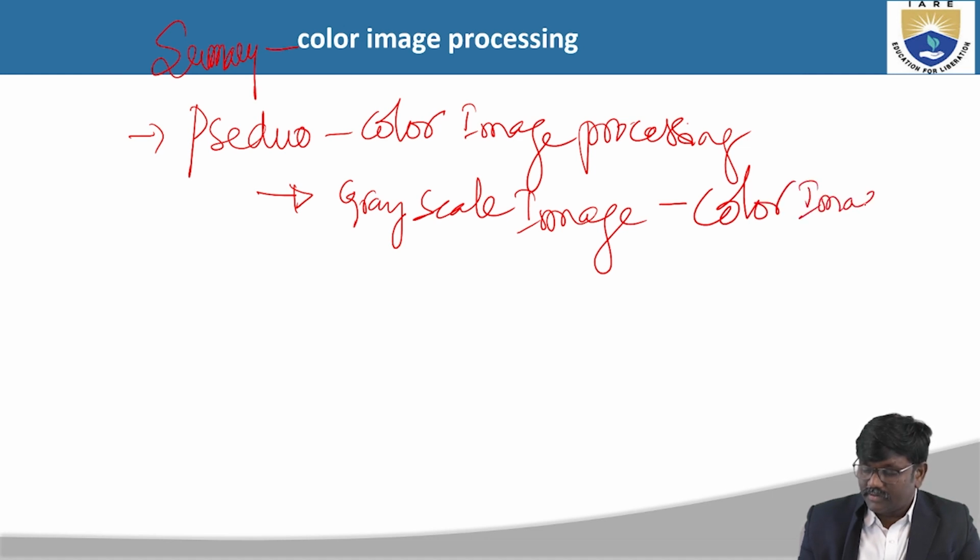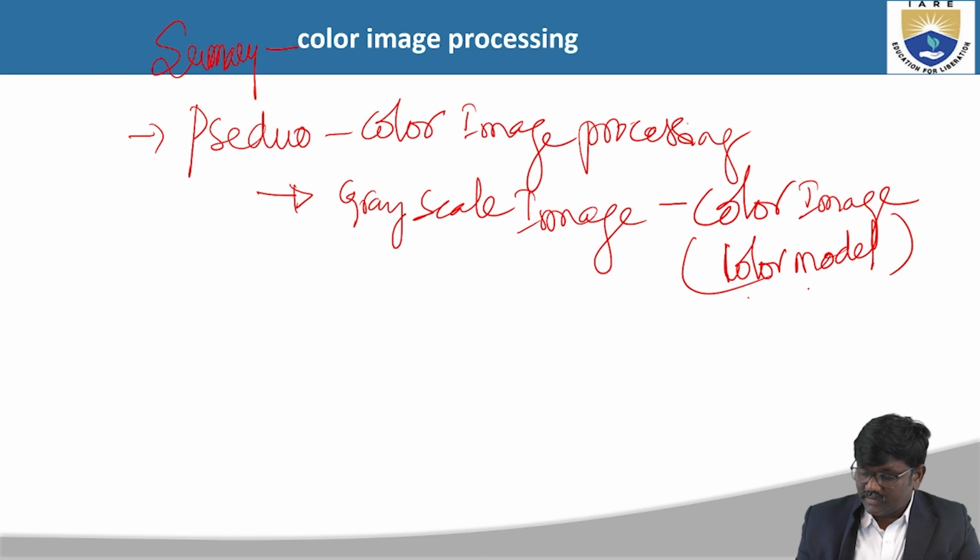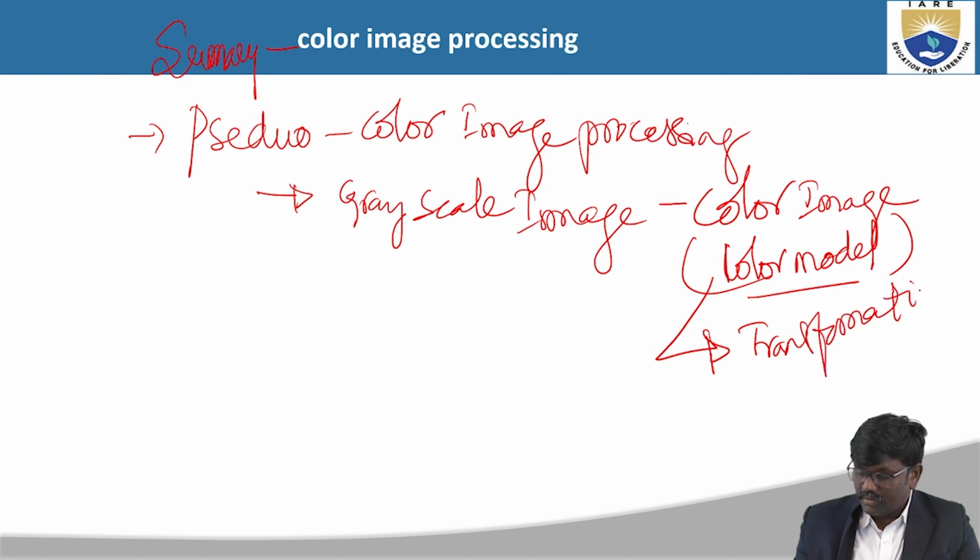What we discussed is that this color image is nothing but color models. What do you mean by models? A color model means it's not fixed. The transformation of the image is not fixed.